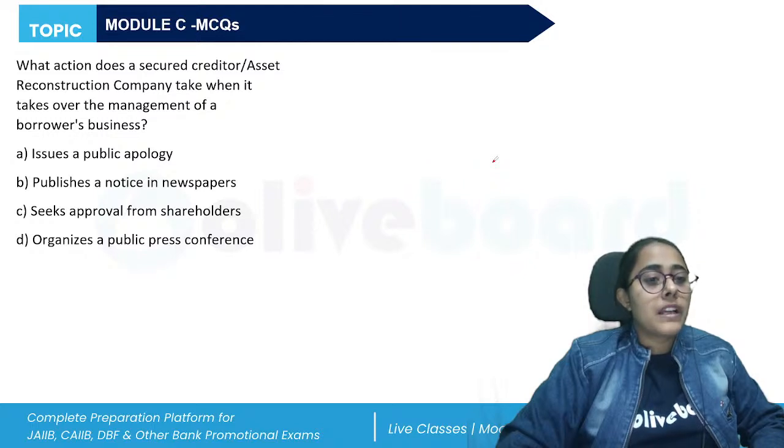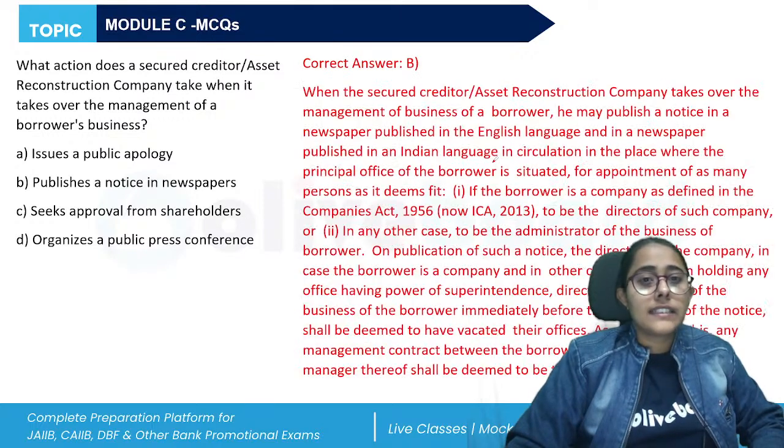They issue a public apology, they publish a notice in the newspapers, they seek approval of the shareholders, or they organize a public press conference. Which of the following actions can be taken? The action that is taken by the ARC is that they publish a notice in the newspaper.